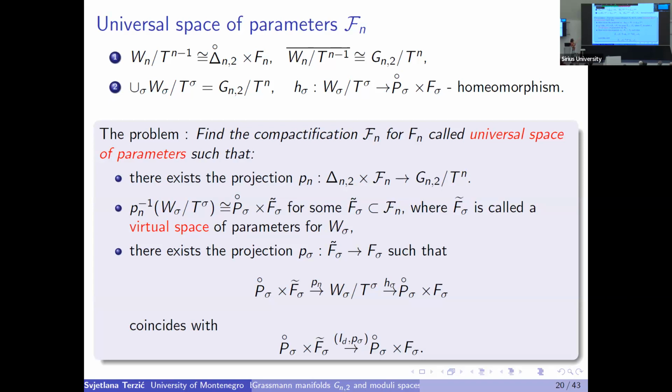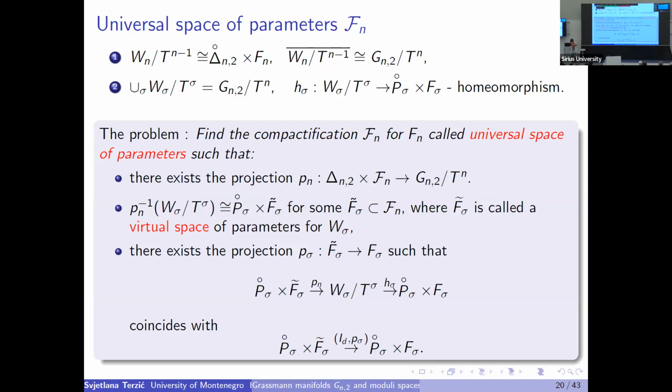F sigma tilde we call the universal space of parameters, and there exists a projection from this space F sigma tilde in Fn to our space F sigma, such that this projection Pn, which goes from this product to this orbit space, and H sigma is the trivialization, coincides with the projection from F sigma tilde to F sigma.